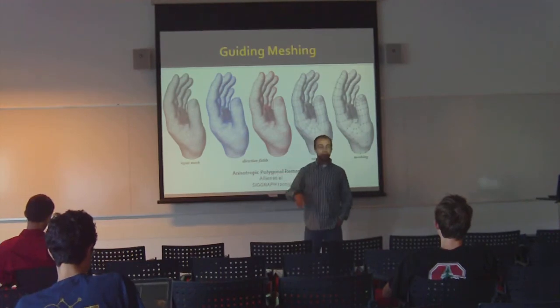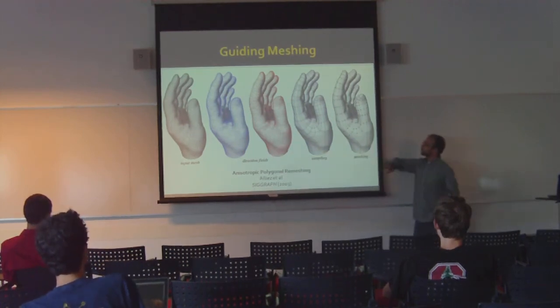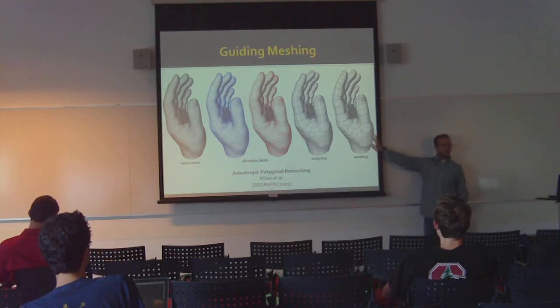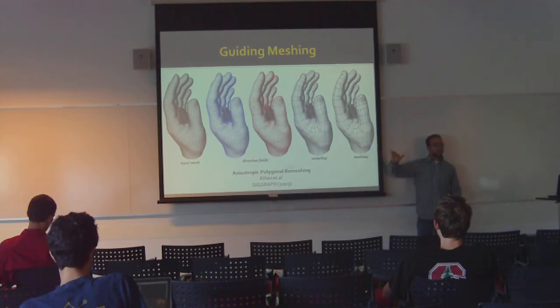And this is a really hairy problem. How do you take a triangulated surface, like the guy on the left, and make him into a good approximation of the original surface, but with triangles or quads or whatever you like that satisfy whatever property you're looking for? Why is this such a hard problem? Well, you have to simultaneously make two decisions, right?